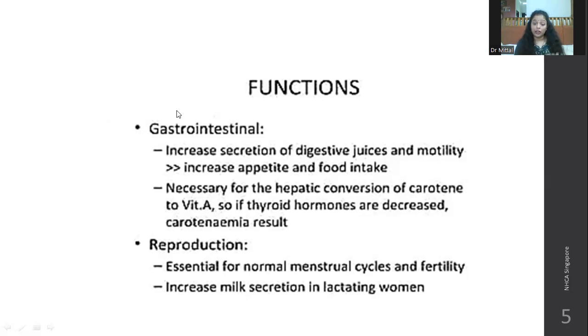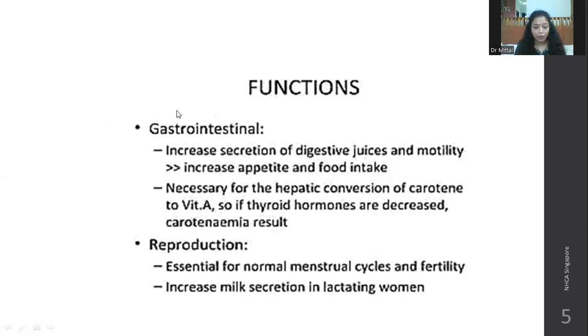So in case of hypothyroidism, when there is no adequate thyroid hormone present, there could be a chance of carotenemia. Carotenemia means too much beta carotene present in your circulating blood, which is not getting converted into vitamin A so that the liver can store it.